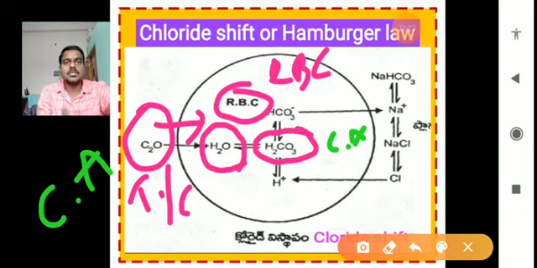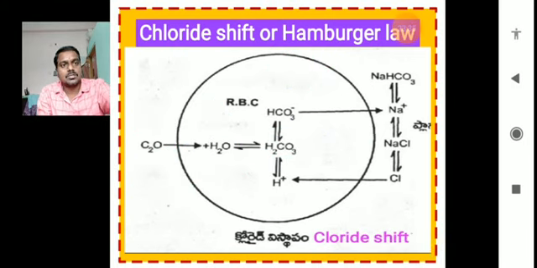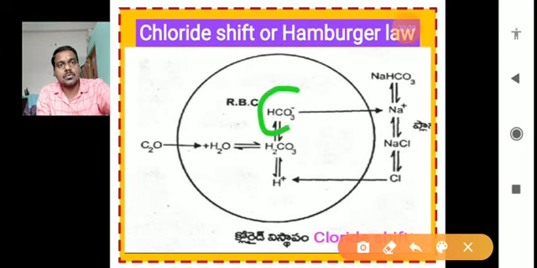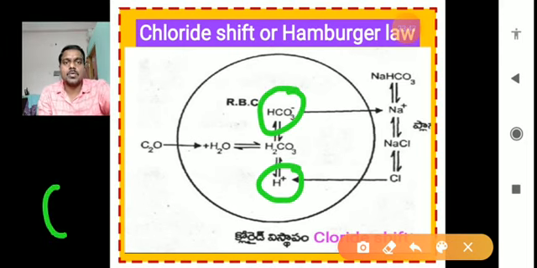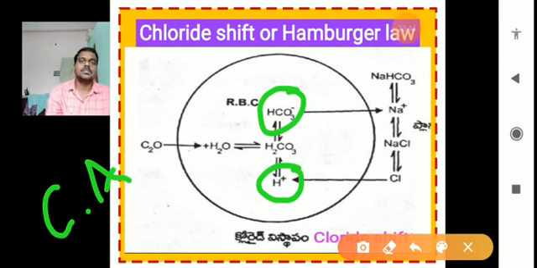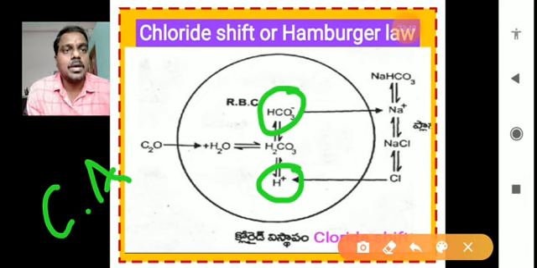This carbonic acid is unstable in the RBC; within a short period it is converted into HCO3 minus and H plus ions, again with the help of carbonic anhydrase.